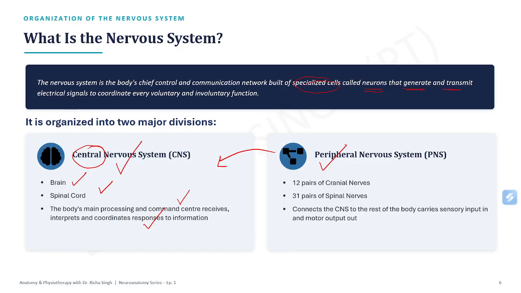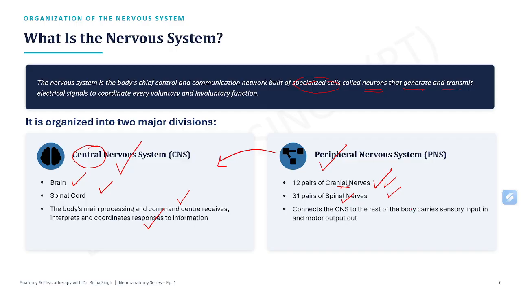It will act as an assistant to the master, wherein it will include 12 pair of cranial nerves, meaning those nerves which originate from the cranium or the skull or the brain, and 31 pair of spinal nerves originating from the spinal cord. These peripheral nervous system components, that is 12 cranial nerve pairs and 31 spinal nerve pairs, connect the CNS or the masters to the rest of the body.